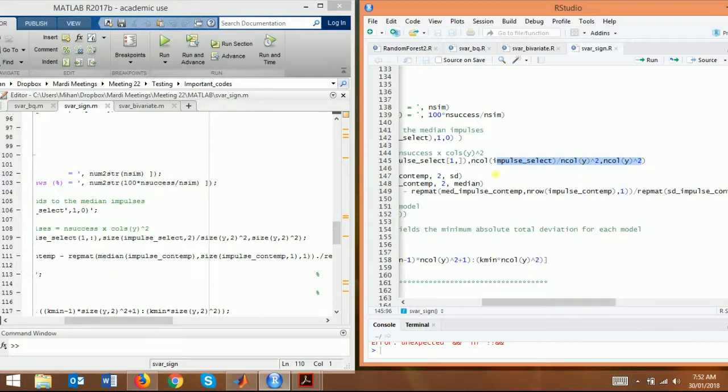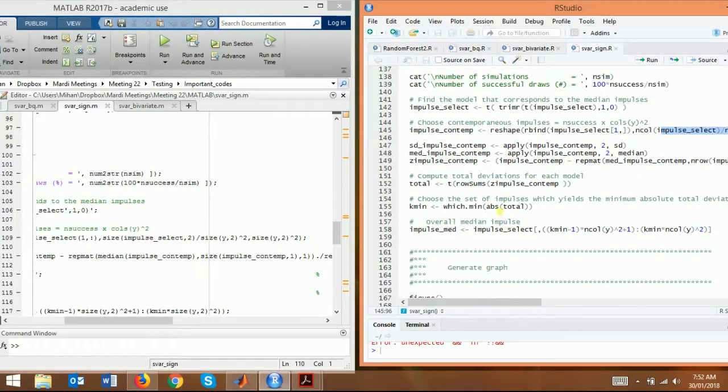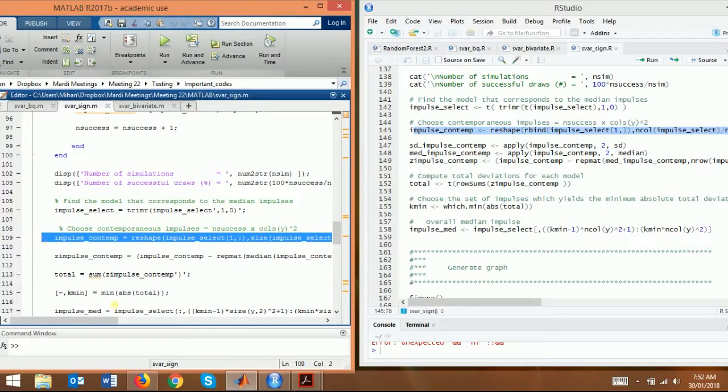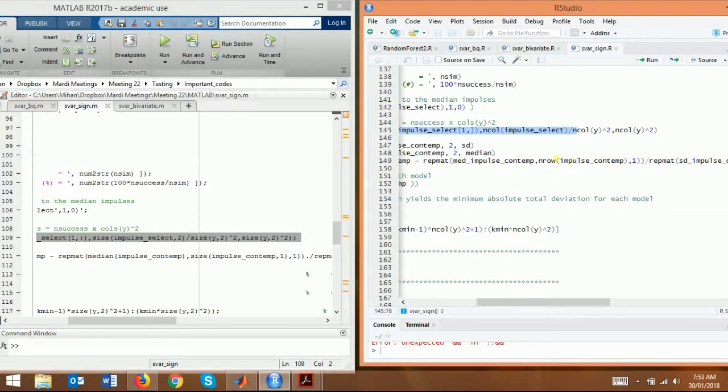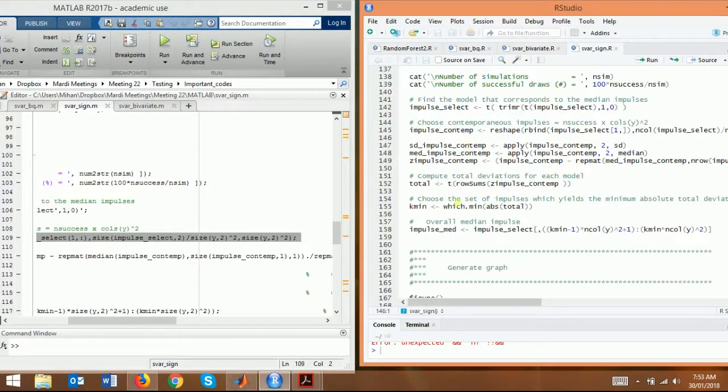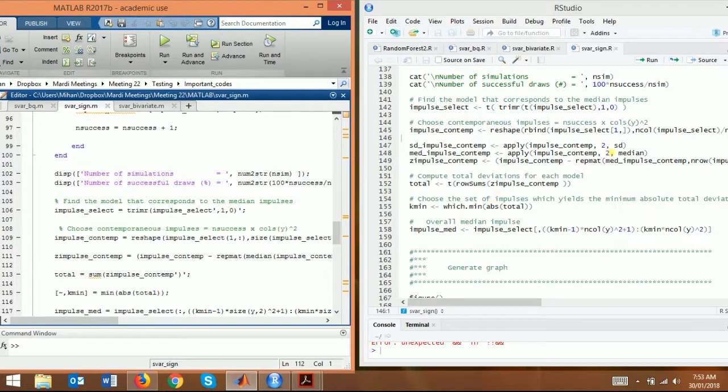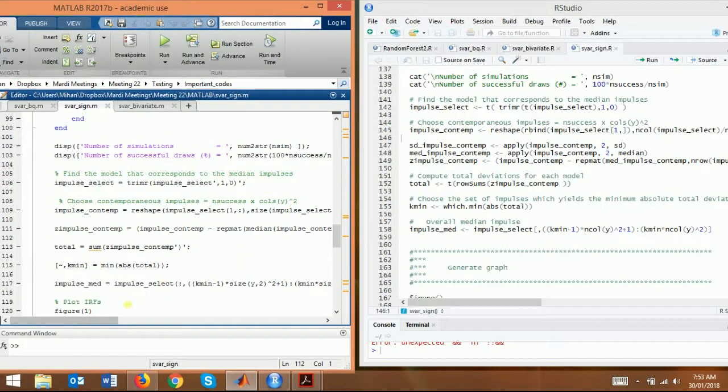This is the rows, this is the number of columns, taking number of columns, and then contemporaneous impulses, standard deviation. This is another important equation. Contemporaneous impulses. These are the number of rows squared. This is the number of columns, because we are squaring to have a square matrix, rows and columns. Then standard deviation, then median.